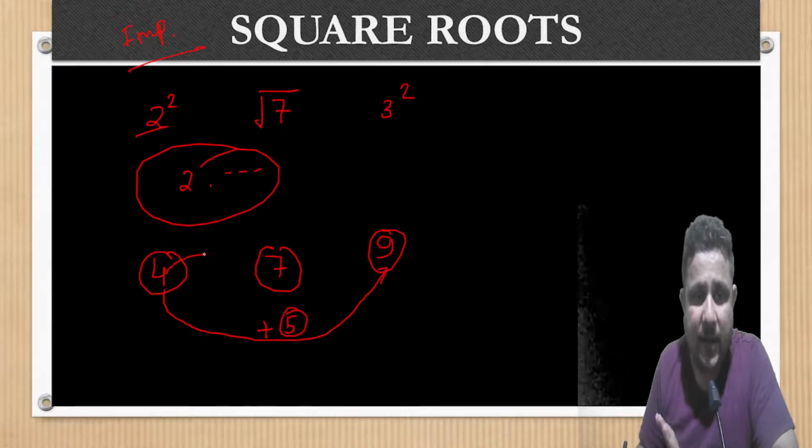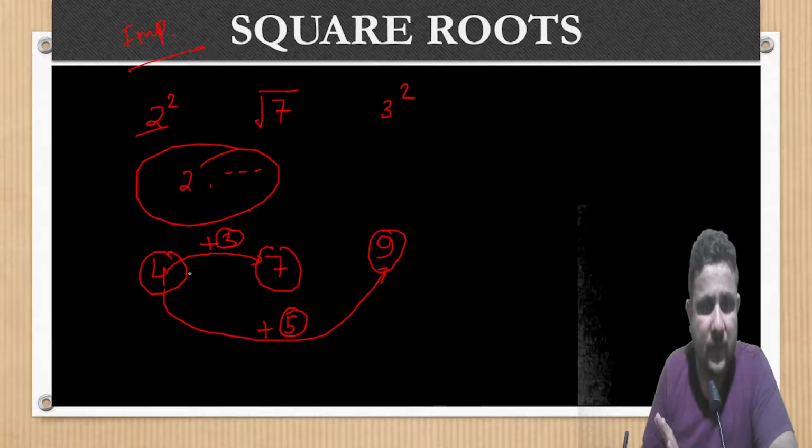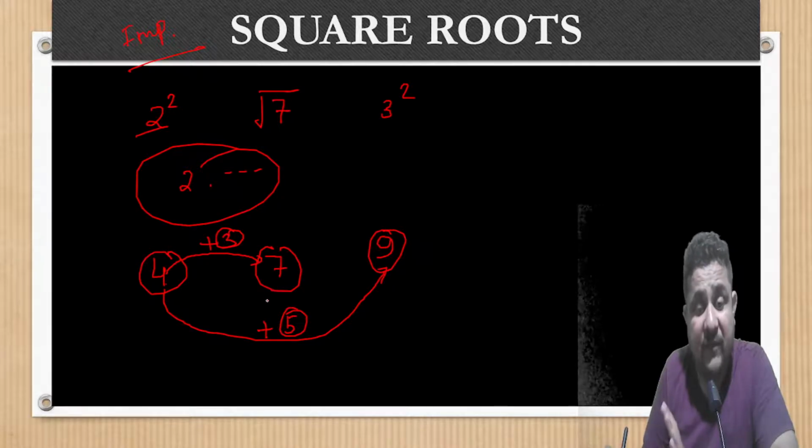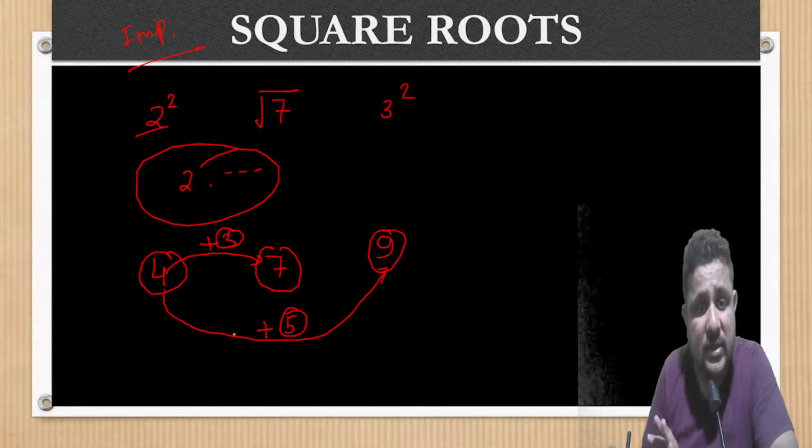But I can go ahead till plus 3 only. Are you getting my point? Is this clear to all of you? I am going from 4 to 7, and the requirement for perfect square values was 5. I know that my answer is going to be 2 point something.